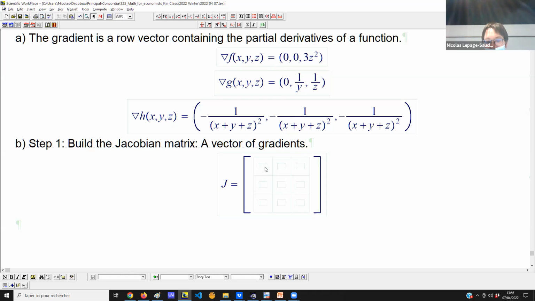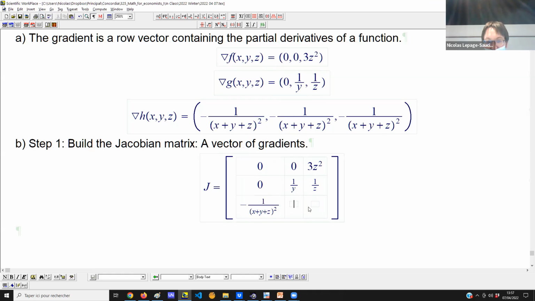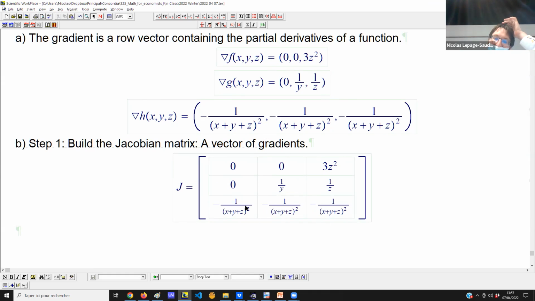So here we get 0, 0, 3z, and 1, 1, 1. That's the Jacobian matrix for any value of x, y, and z. But now it could be nice to check what we get in general.